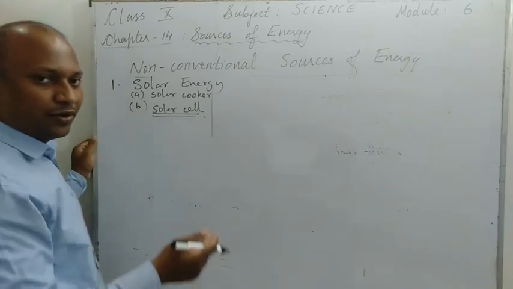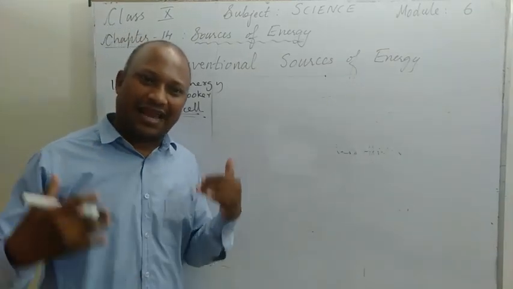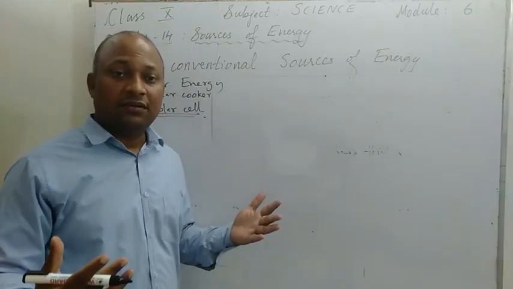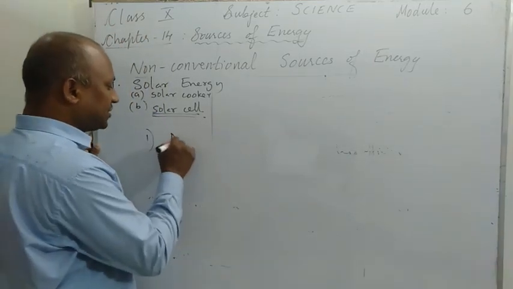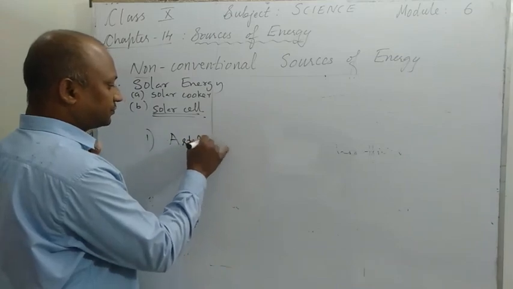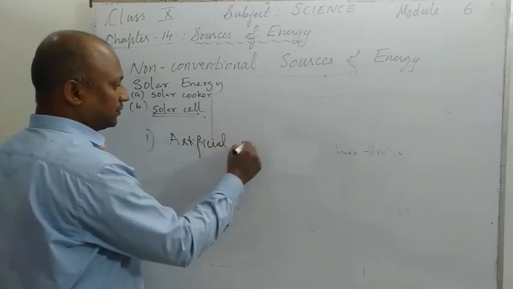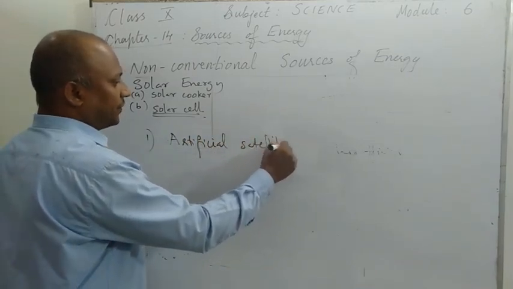It is mainly used to produce electricity, and this electricity is mainly used in artificial satellites because they require continuous power.